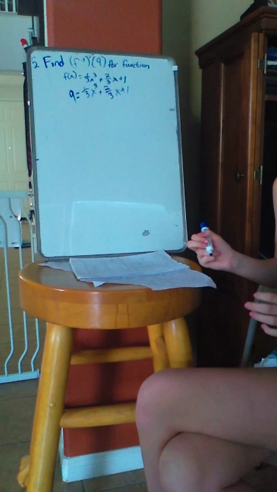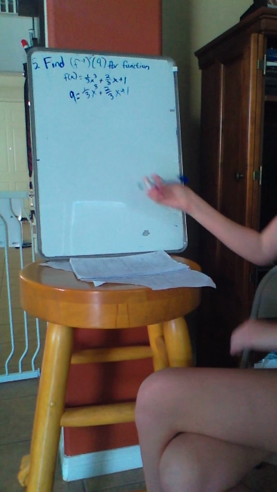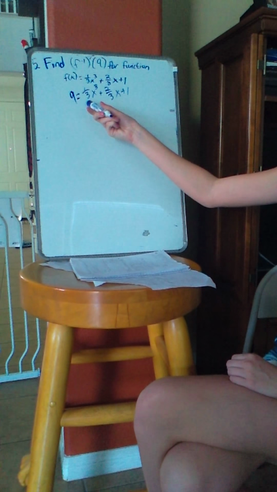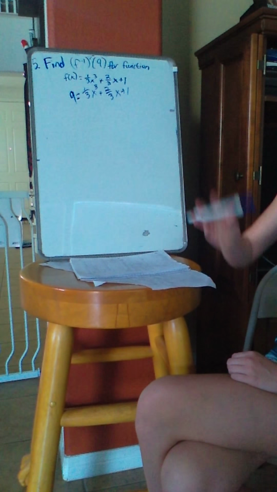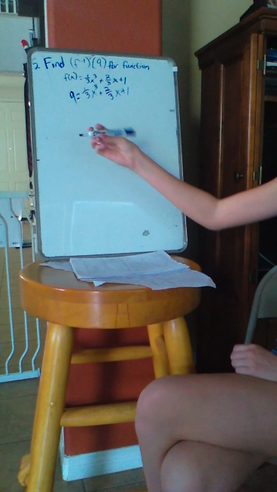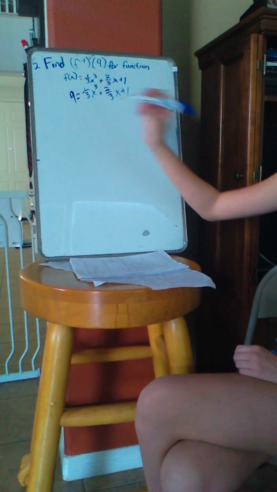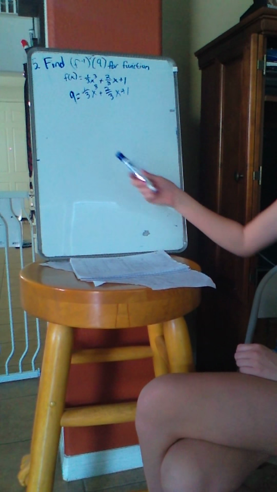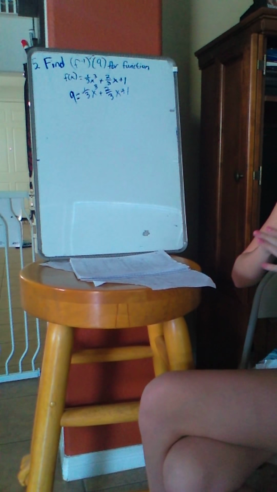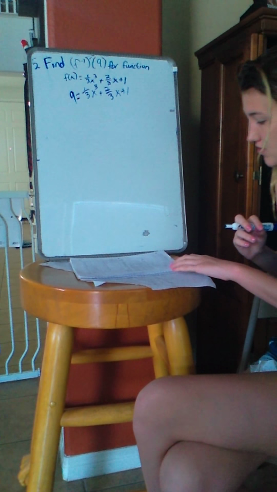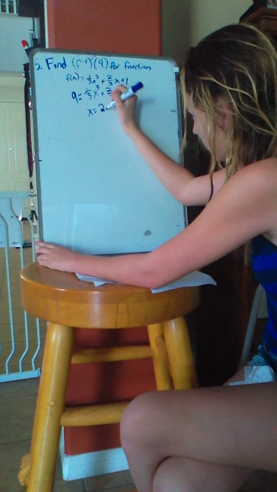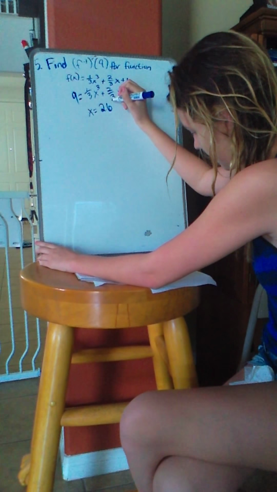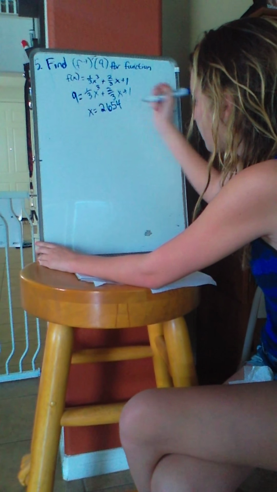And if you use a graphing calculator, you plug in y equals 1/3 x cubed plus 2/3 x plus 1, and graph it, and then you can graph y equals 9, and you'll look at where it intersects, which is at x equals 2.654.